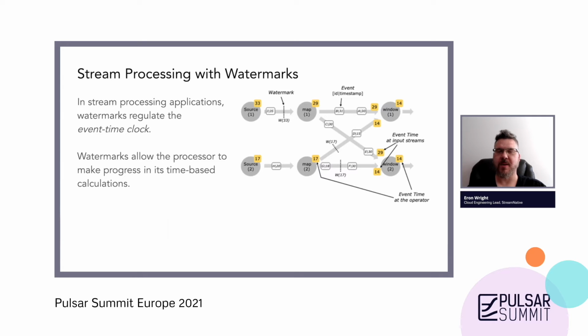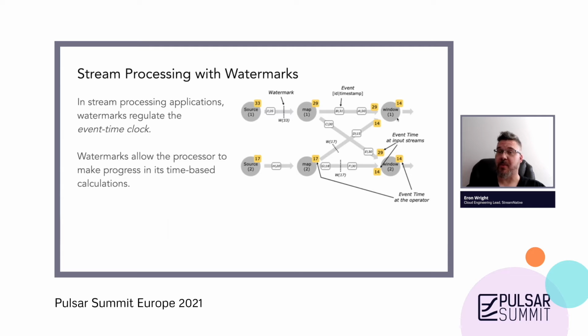What watermarks are used for is stream processing. A modern stream processor takes information through a processing pipeline and performs various transformations or other operations on those events.